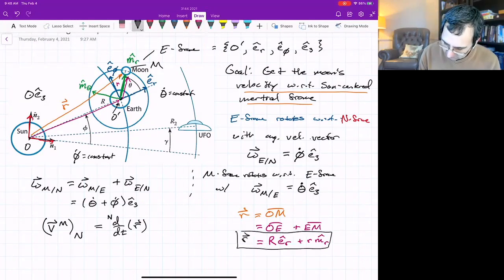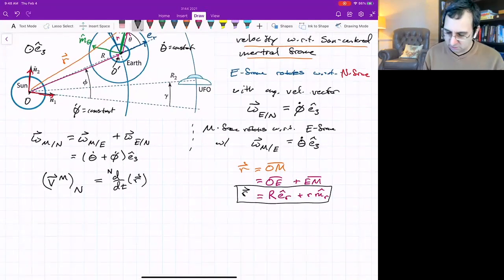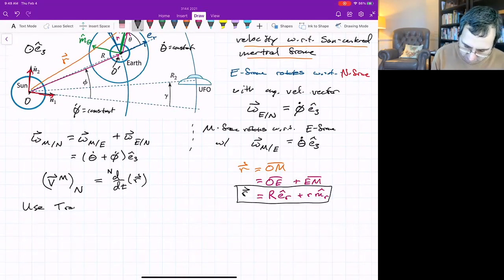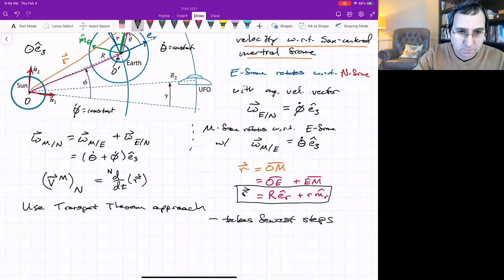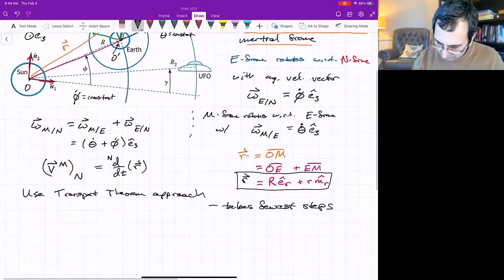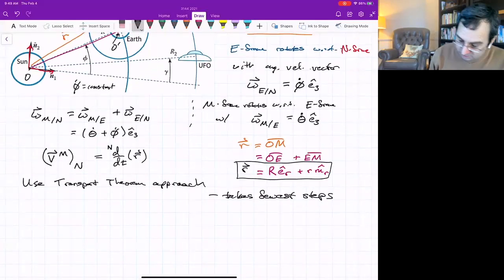And with that in place, we'll use the transport theorem approach. I think this one takes a few steps, which may or may not be what you want, but we're just going to go ahead and do it.